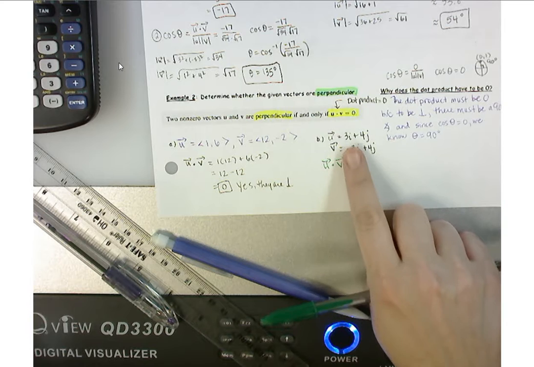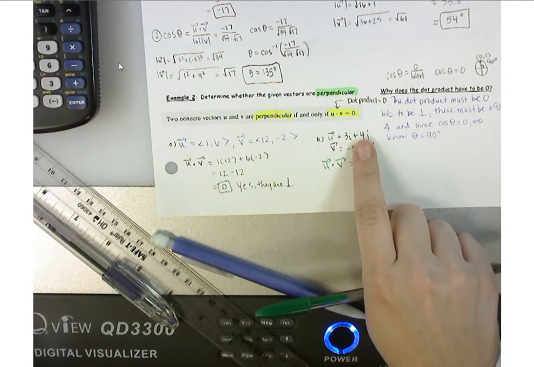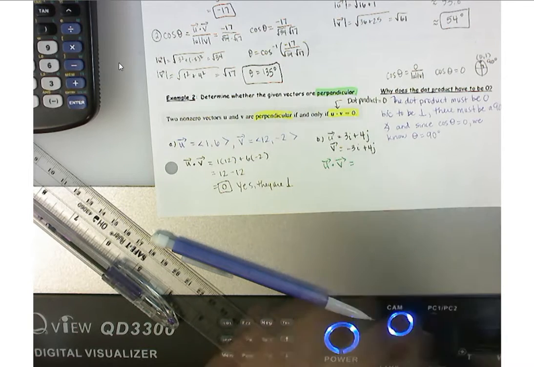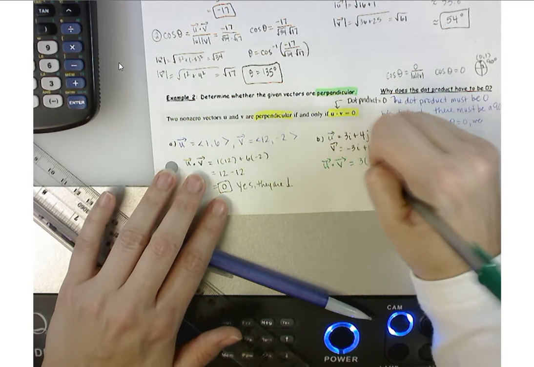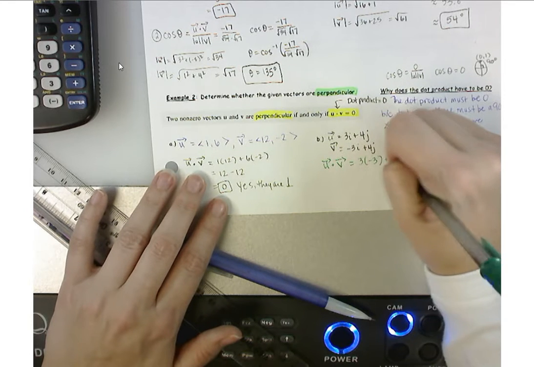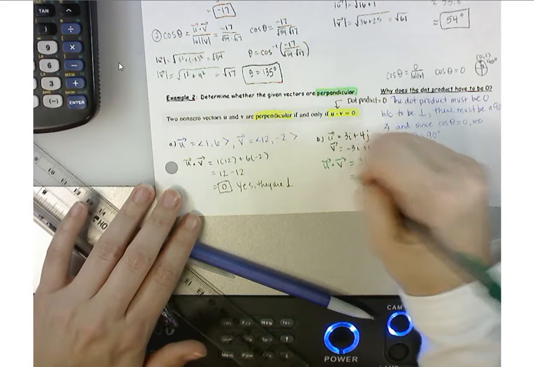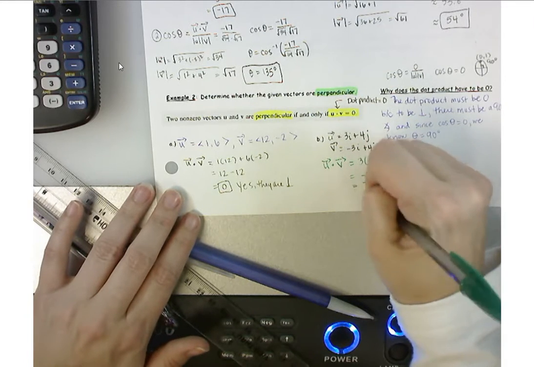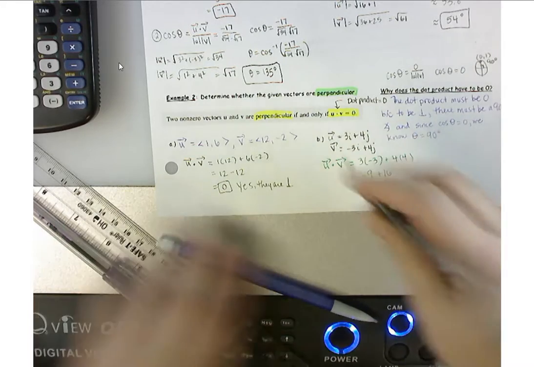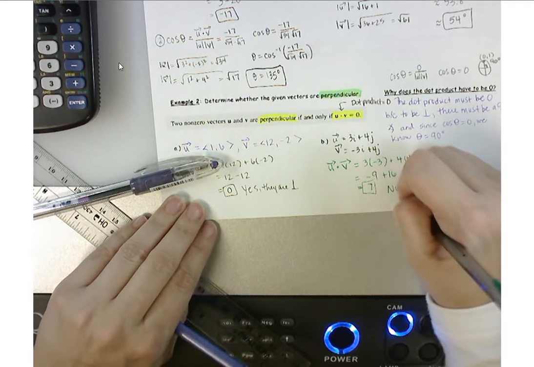Because i is just saying that this is the horizontal component, j is saying this is the vertical component. So you're not taking i and j, that's just your other form. So for this one, you have 3 times negative 3 plus 4 times 4, which will be negative 9 plus 16, which is definitely not 0. It will be 7. So then we know that these are not perpendicular.